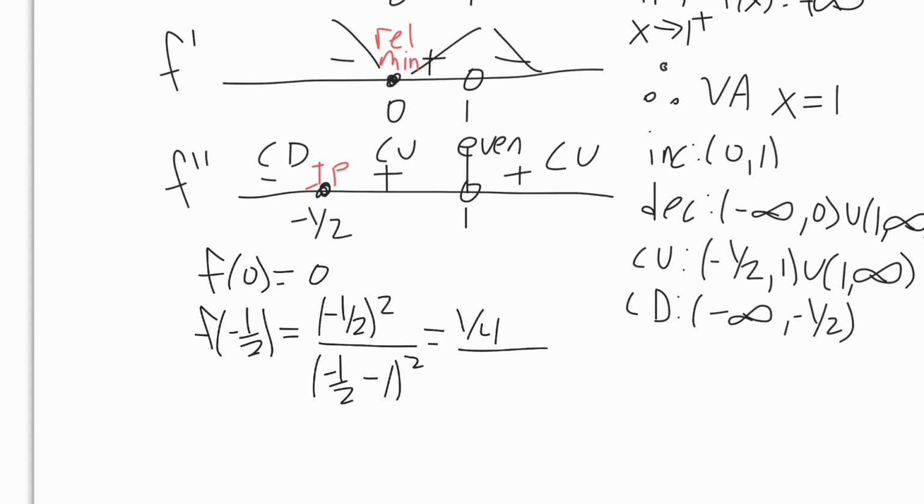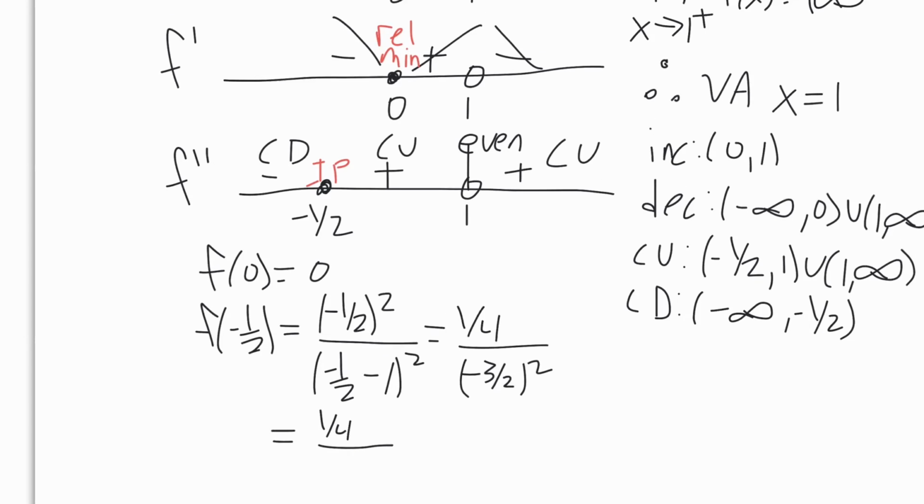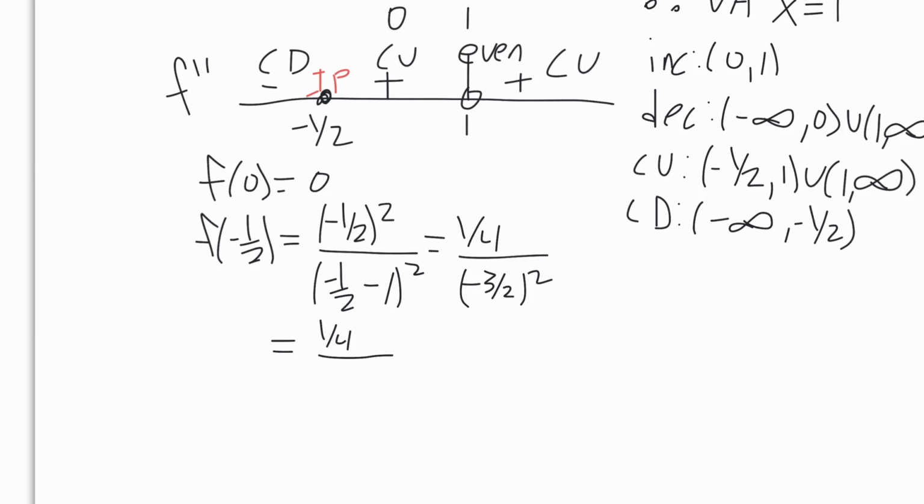In the bottom, that gives us negative 3/2 squared. If we keep working here, we'll get a quarter divided by 9/4, since squaring the 3/2 gives us 9/4. Those 4's will cancel, and our final answer will be 1/9.